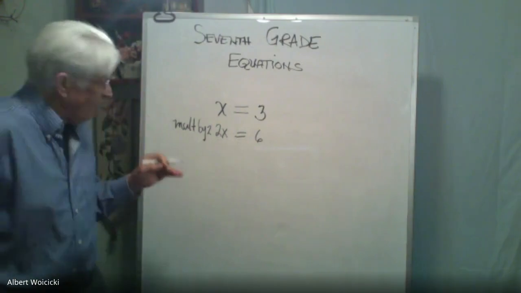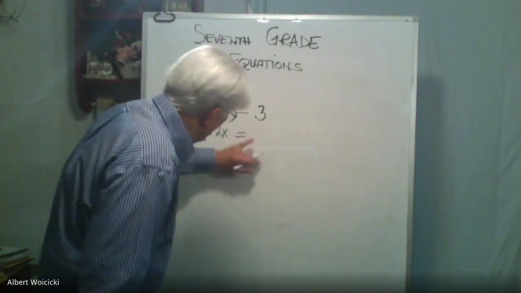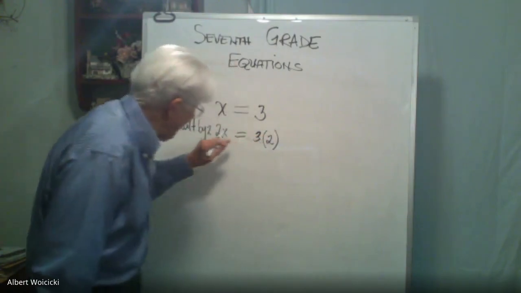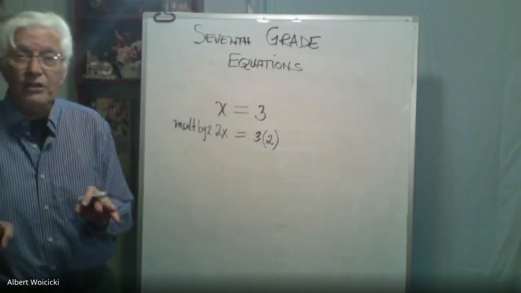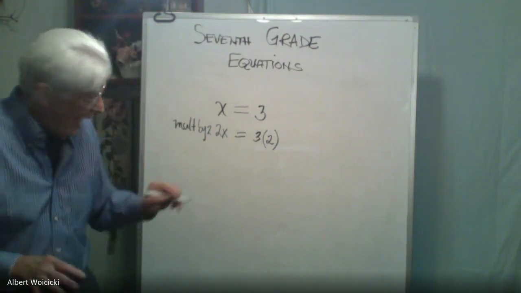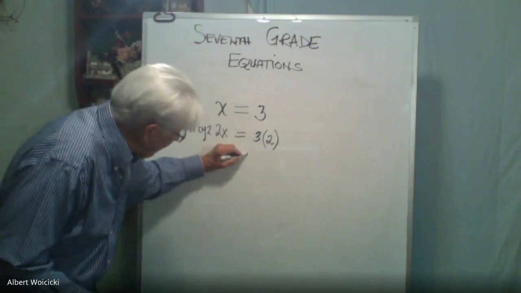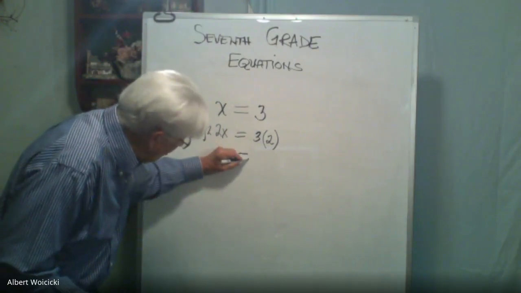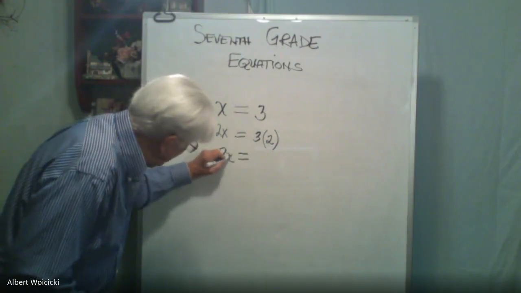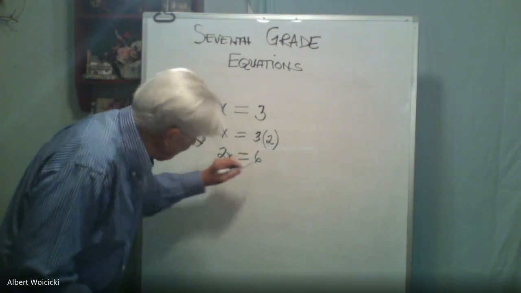So my step here should be 3 times 2, because I did that to both sides of the equation. Do unto one side of the equation, I've done unto the other. I got 2x on one side and 6 on the other.